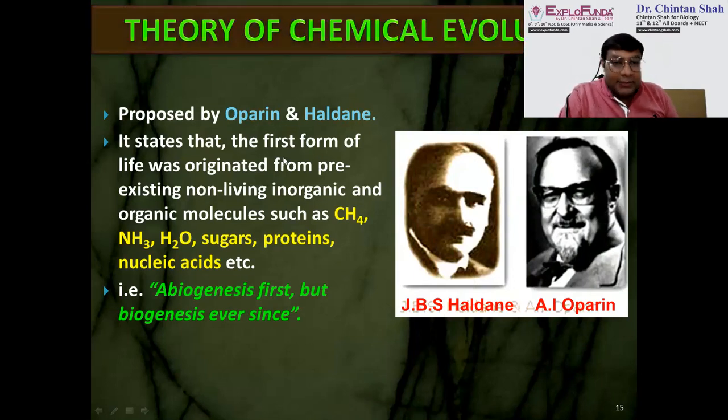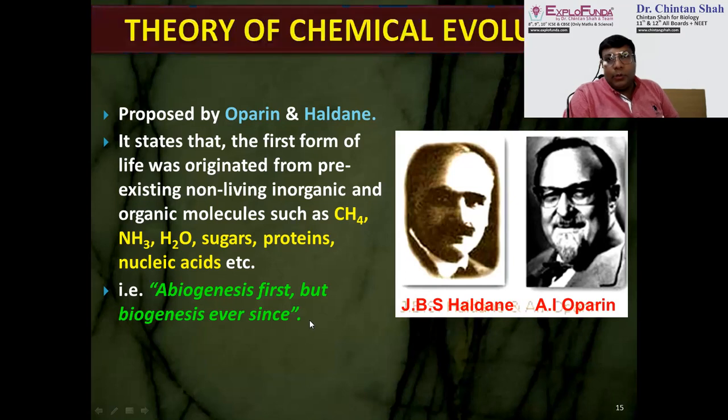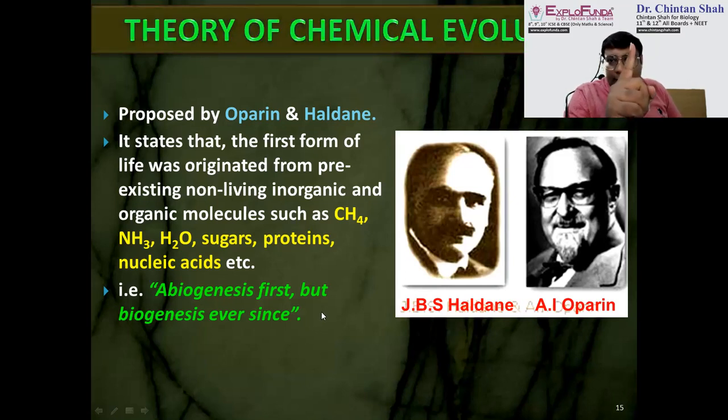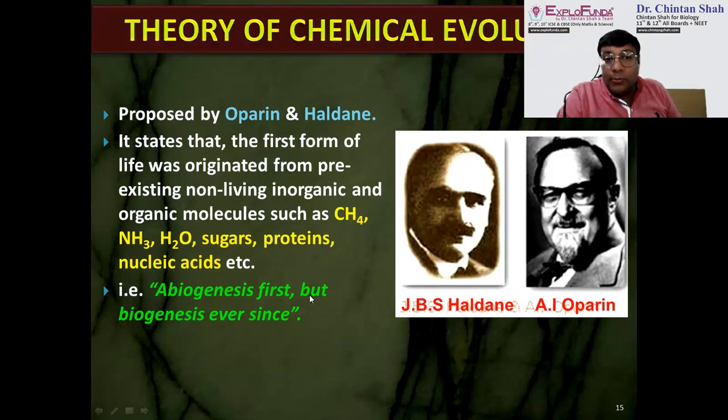It states that the first form of life originated from pre-existing non-living inorganic and organic molecules such as methane, ammonia, water, sugar, protein, nucleic acid, etc. So abiogenesis is the first one, but biogenesis then after. So only once upon a time life originated, and then after, life had undergone evolution and created so many organisms. So that's what they believe.